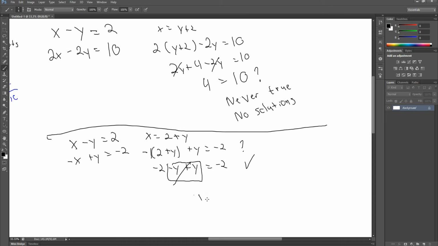So this would be infinite solutions. You may not always have just opposite terms with the same coefficients. You may have something like negative 2x plus 2y equals negative 4. So long as you can take out a common factor, you're good to go to have infinite solutions.